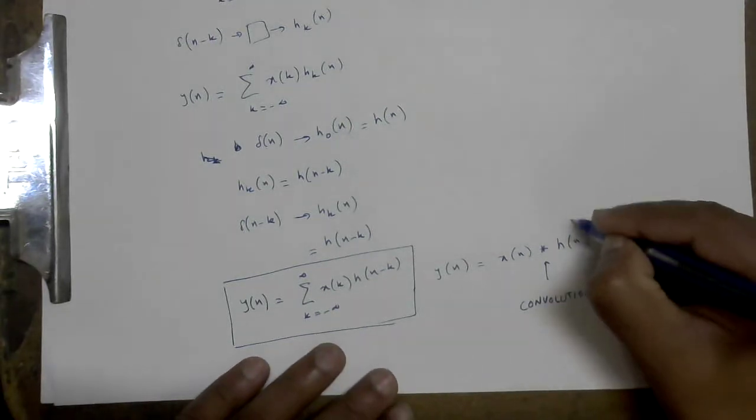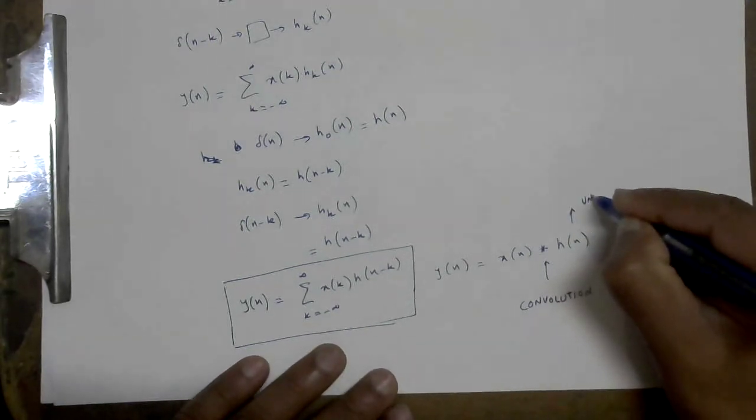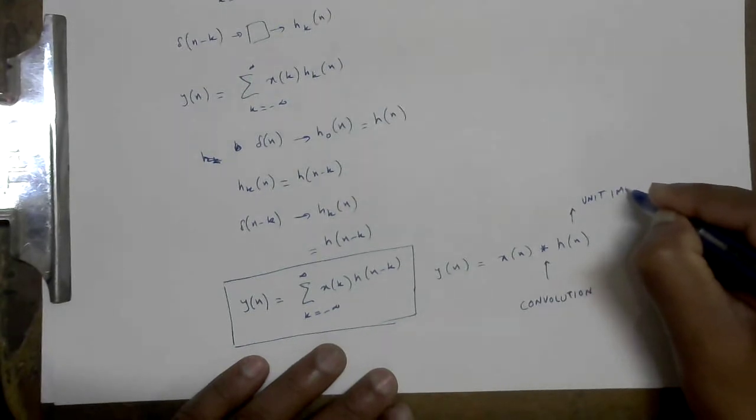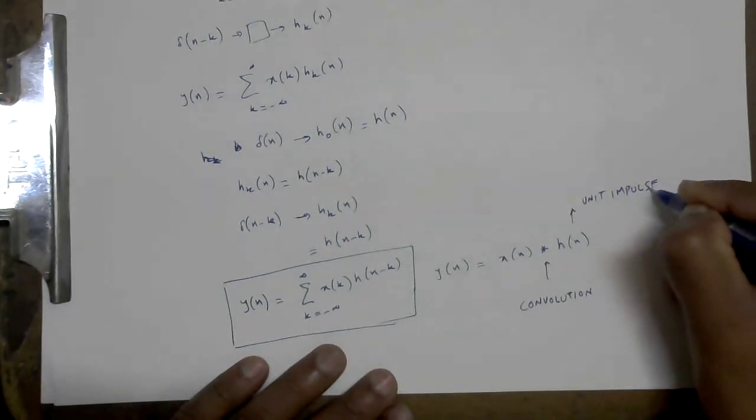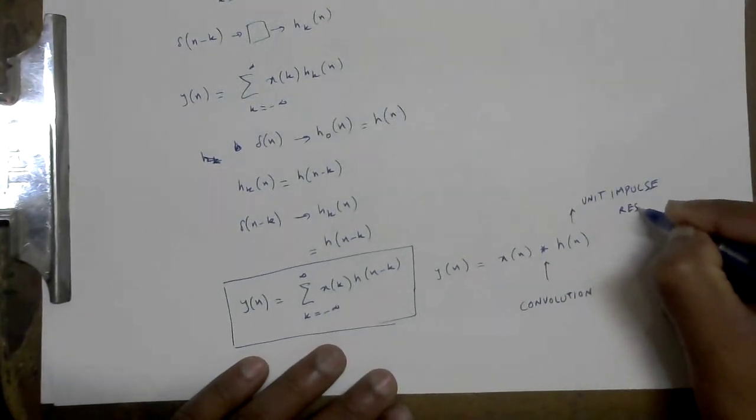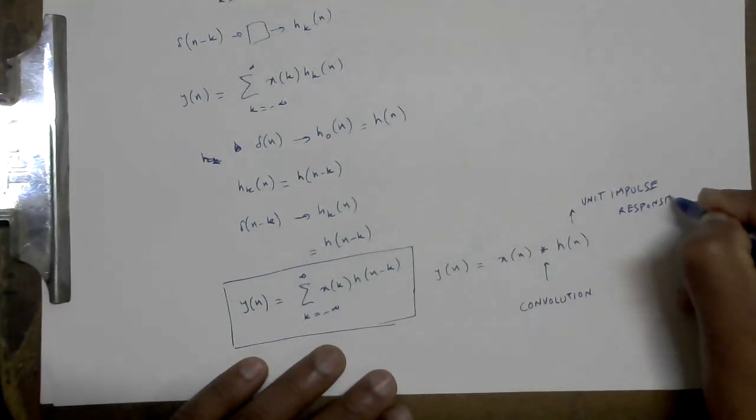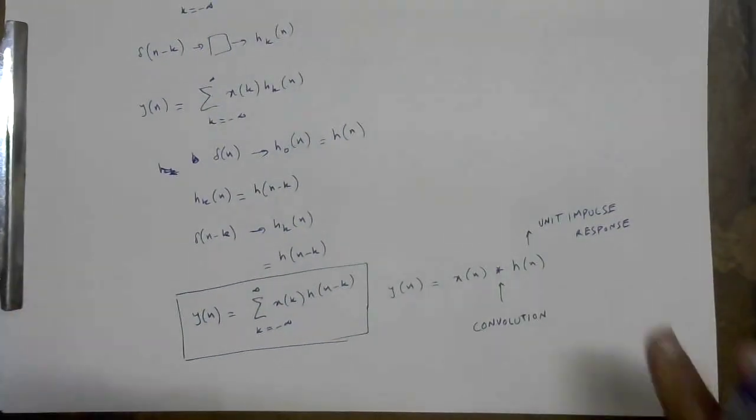Essentially this is what is known as the unit impulse response. Hence the unit impulse response h of n for an LTI system is able to completely characterize the output of the system for any input. Okay, that is the end of this lesson.